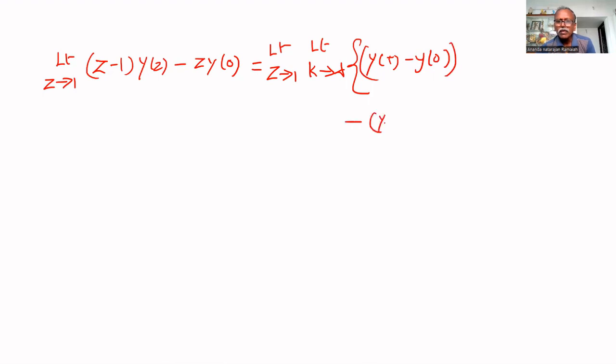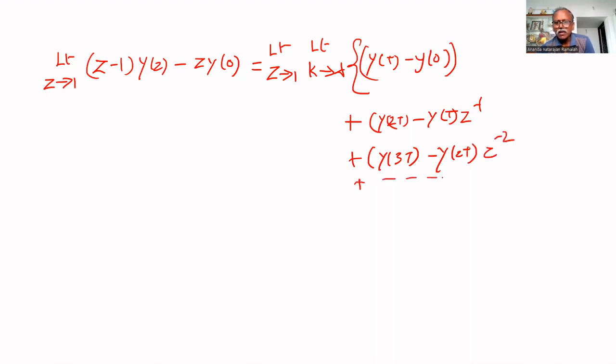plus y of 2t minus y of 1t, z power minus 1, plus y of 3t minus y of 2t, z power minus 2, plus etc., plus y of (k plus 1)t minus y of kt, z power minus k.